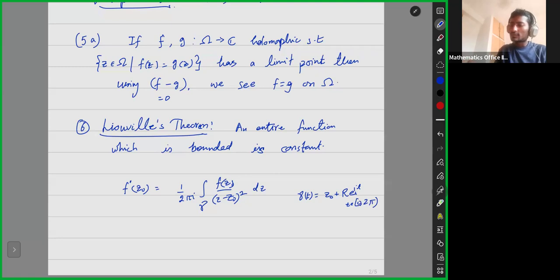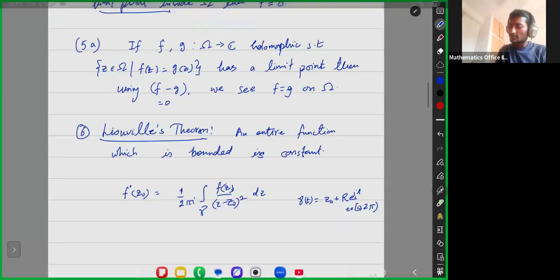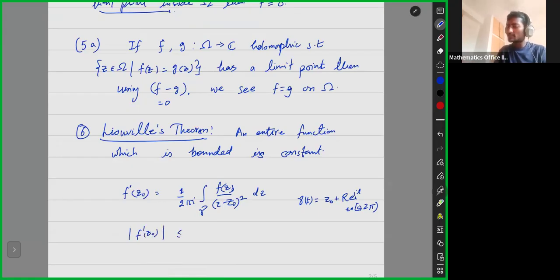So what happened from here? We calculated the modulus of f prime z naught. This is bounded, because f is bounded, with a uniform bound m. So it is bounded by m divided by 2 pi. i has modulus 1, so that is gone. z is running on gamma, which is a circle of radius capital R, so z minus z naught always has distance r, so r squared, and f of z is bounded by m, so m is in the numerator.